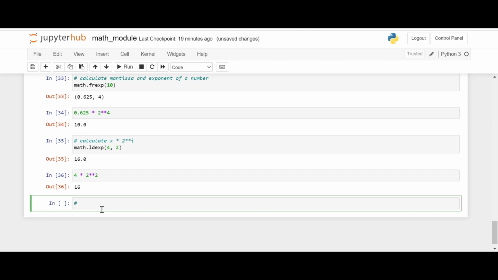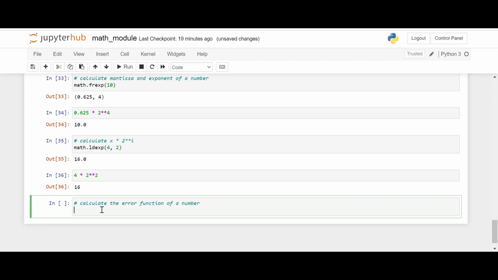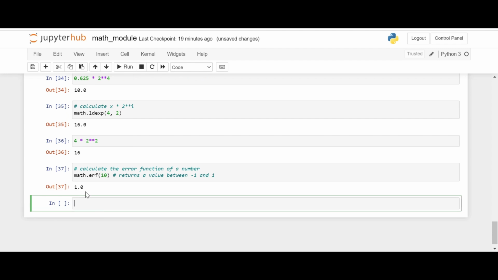Now let's calculate the error function of a number. Math.erf of 10 returns a value between -1 and 1. So you get 1 for this.